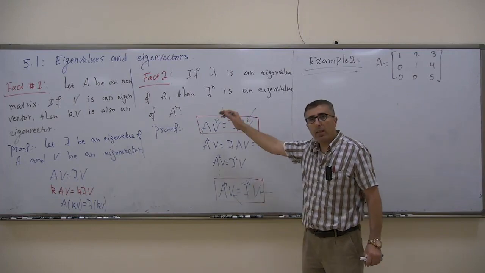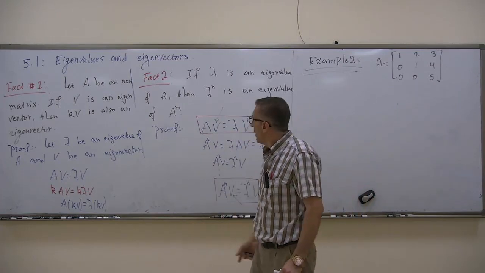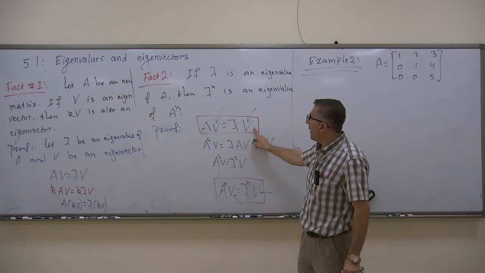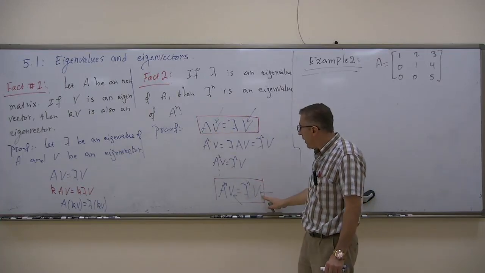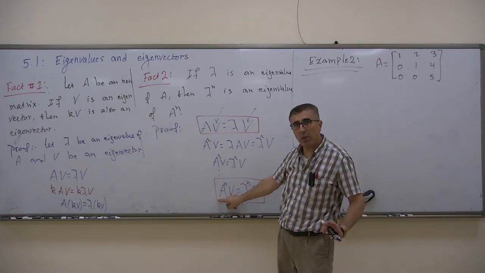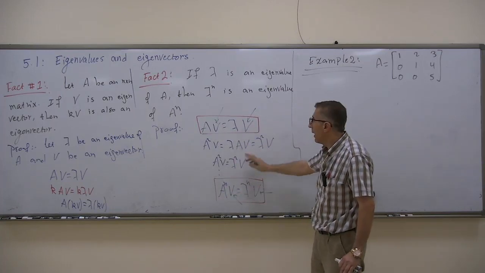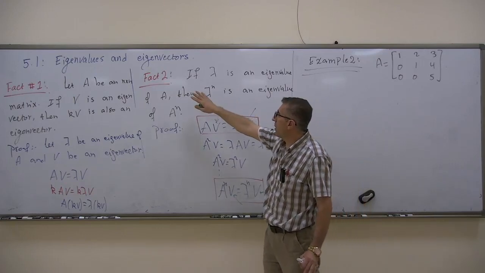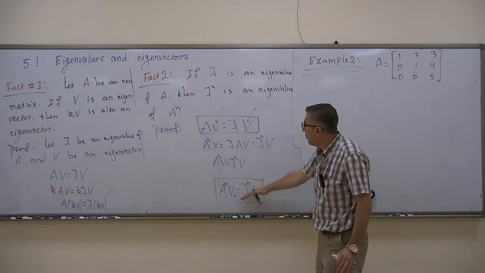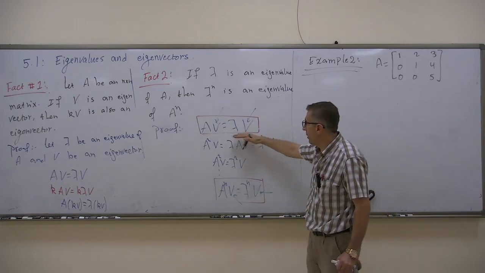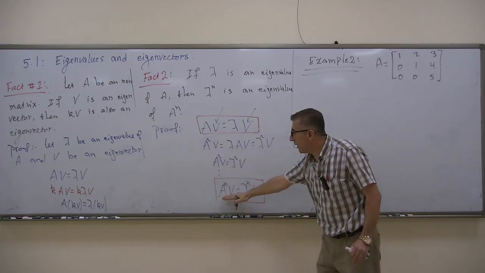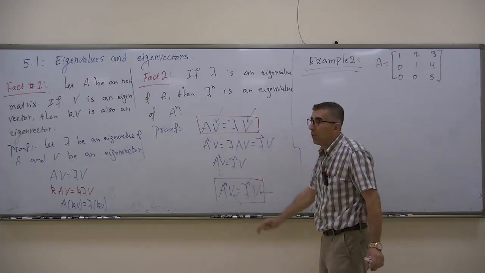So I can twist this fact and create a new fact saying that if V is an eigenvector of A, then V is also an eigenvector of A to the n. Okay? And that follows from the same argument here. So I can twist this fact number 2 and make it a new fact about the eigenvectors of A, relating them with the eigenvectors of A to the n. Keep that in your mind.